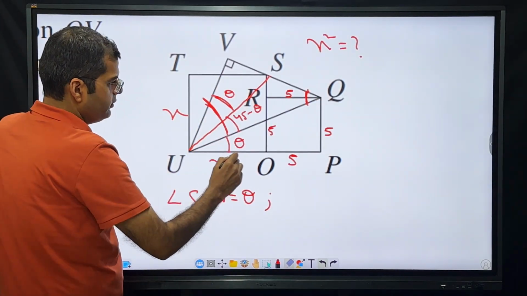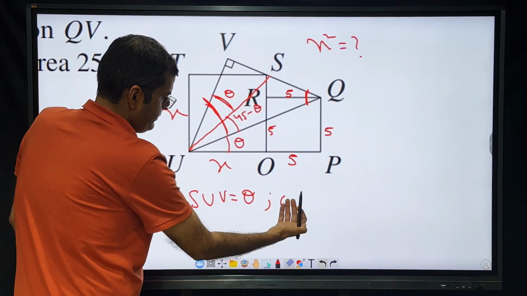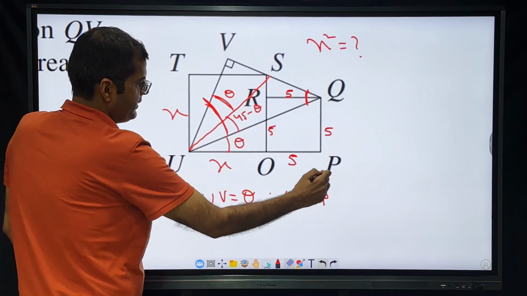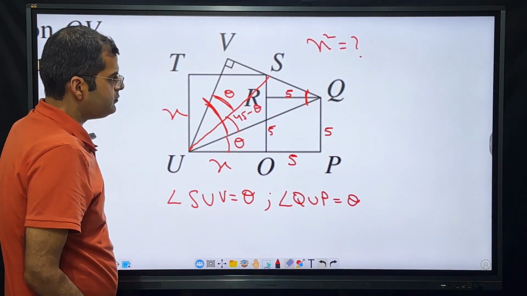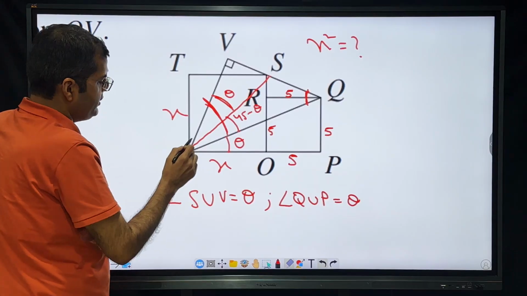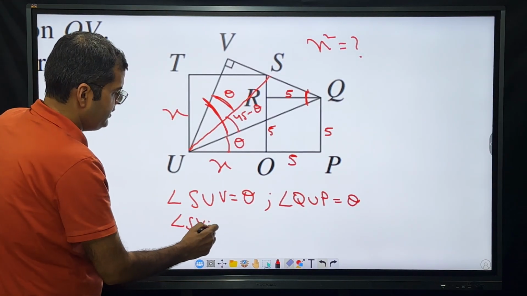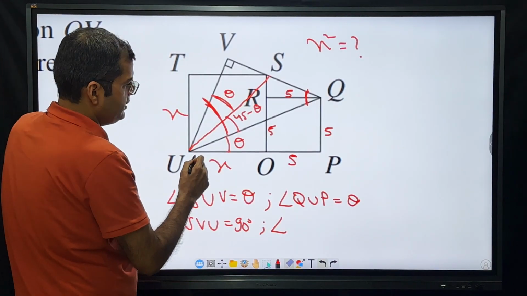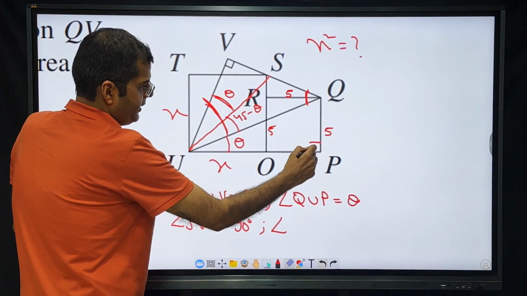Also angle QUP is theta. Angle SVU is 90 degrees. Also angle UPQ, this is a square, so it is 90 degrees.